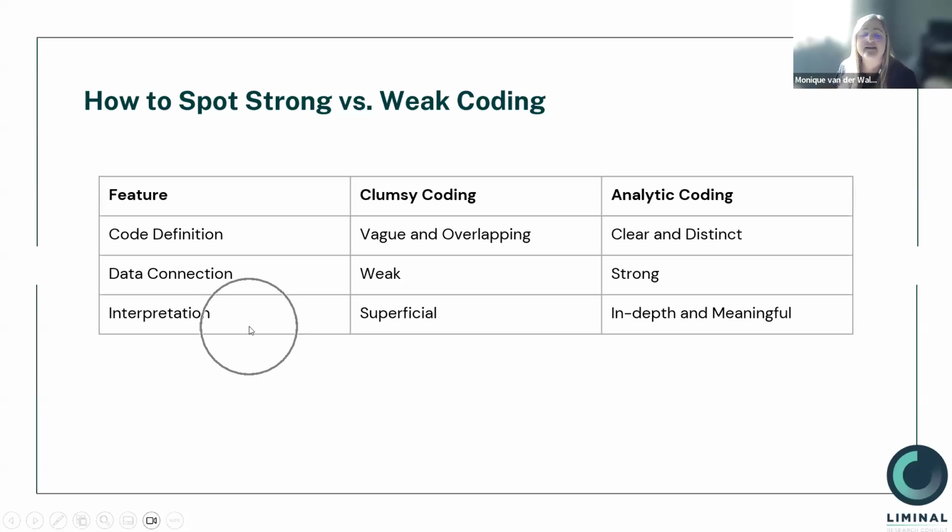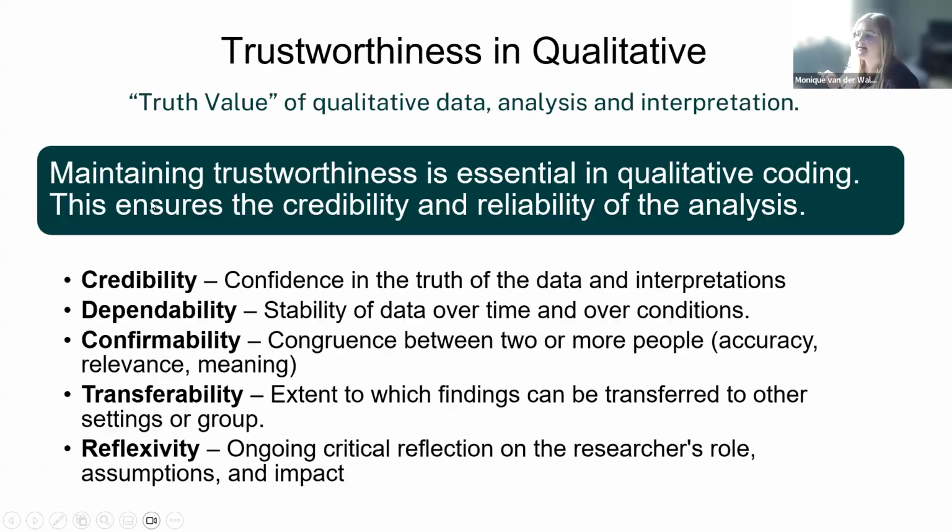Therefore, your interpretation needs to be meaningful to what participants say. We are not enforcing or making too broad an interpretation, and we ensure that it reflects the voices of the participants.